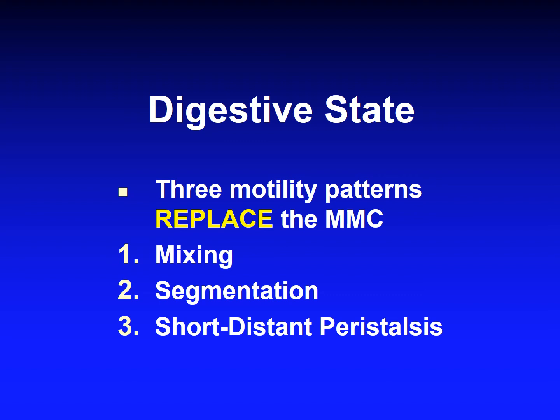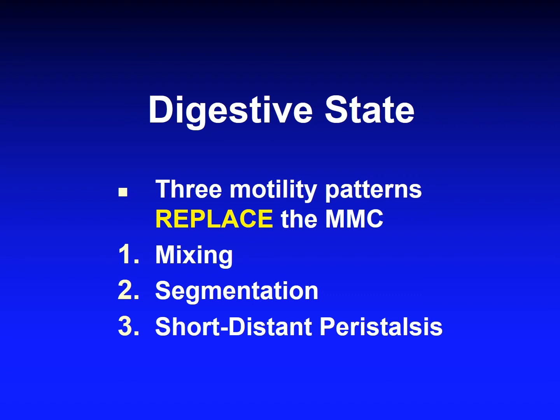Remember the definition of the gut? A tube-like structure from the mouth to the anus that does what? That supplies the body, including itself, with nutrients, fluids, and water by performing four functions: digestion, absorption, secretion, and motility.